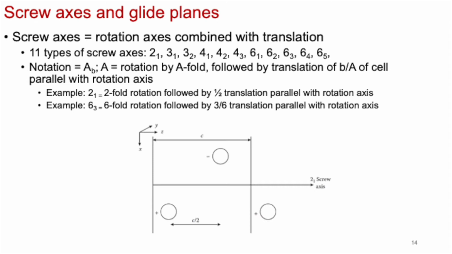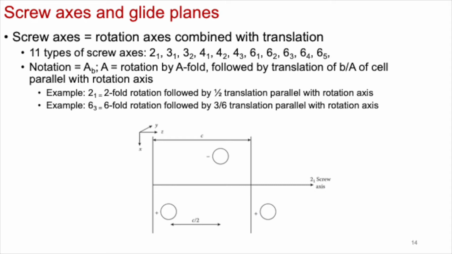And since it's 2 sub 1, it's 1 divided by 2 translation along the direction of the Z axis. Okay, so you do this for any of the representations here: 3 sub 1, 3 sub 2, 4 sub 1, 4 sub 2, and so on and so forth.